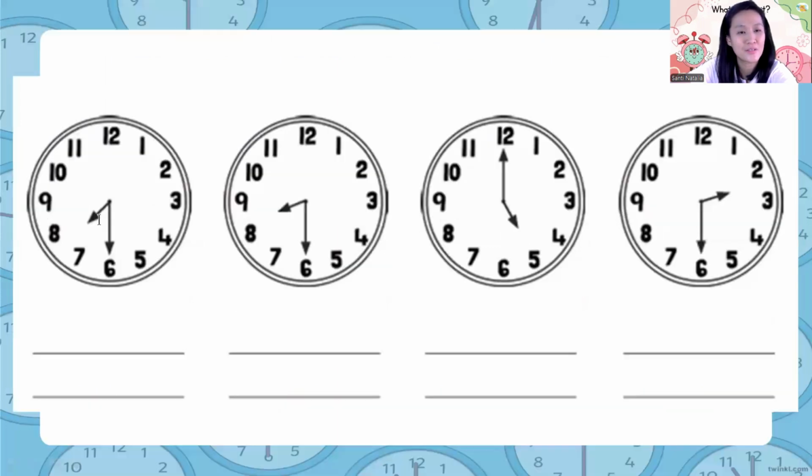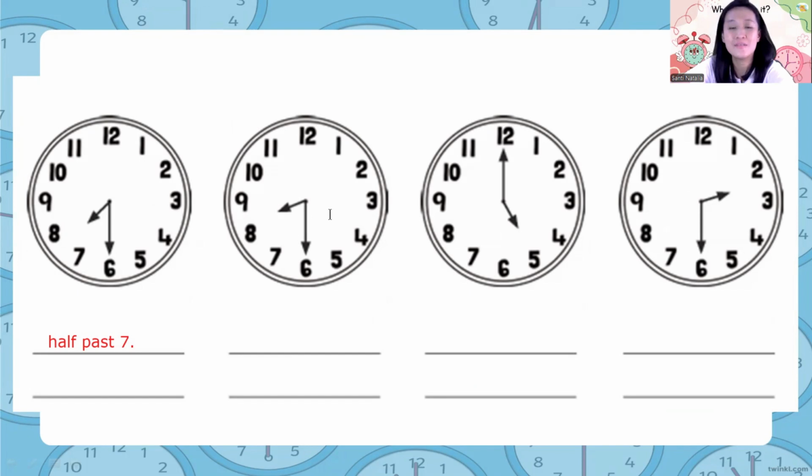What time is it? The long hand is pointing 6. It means half. And the short hand between 7 and 8. So it's 7:30. Yes, excellent.